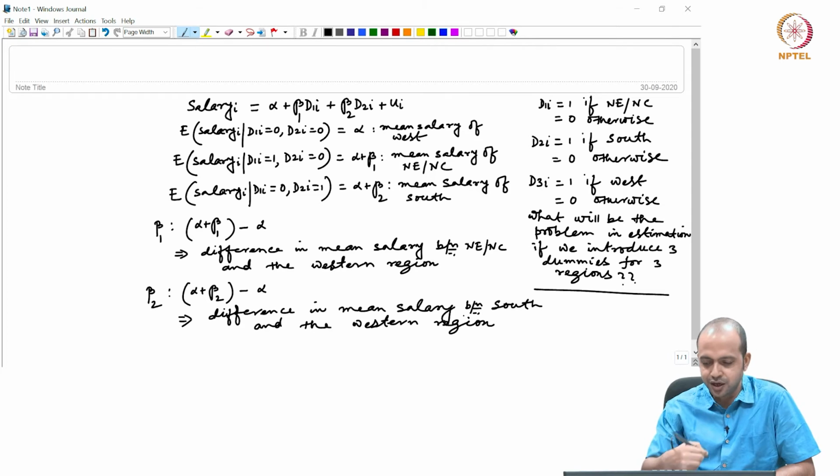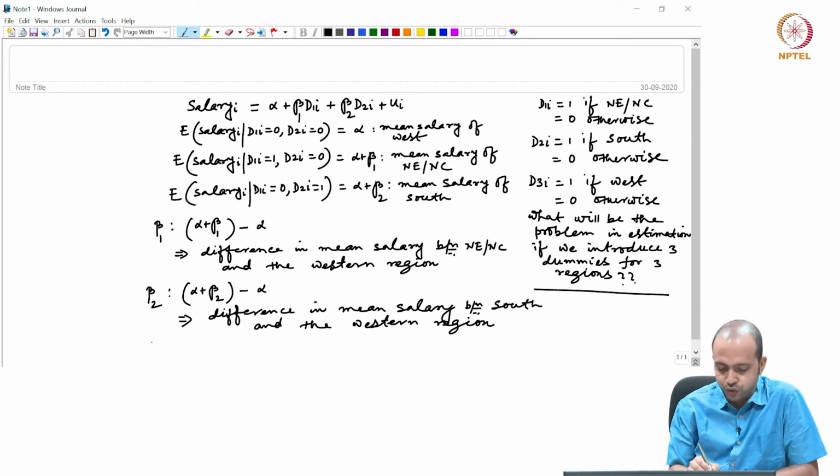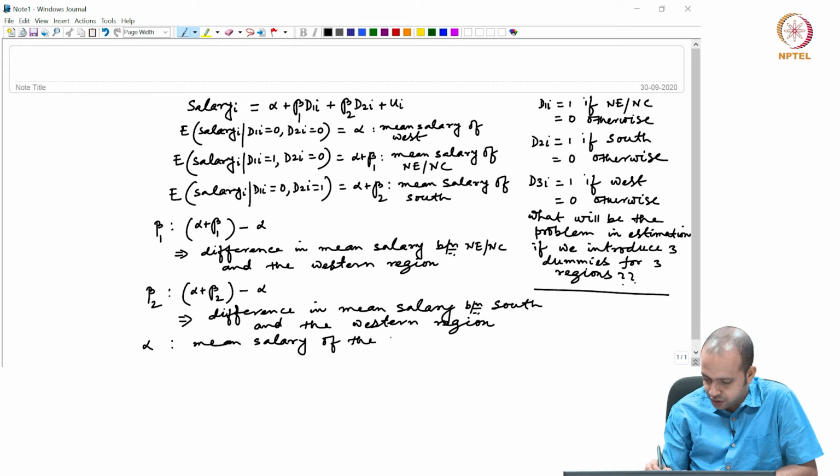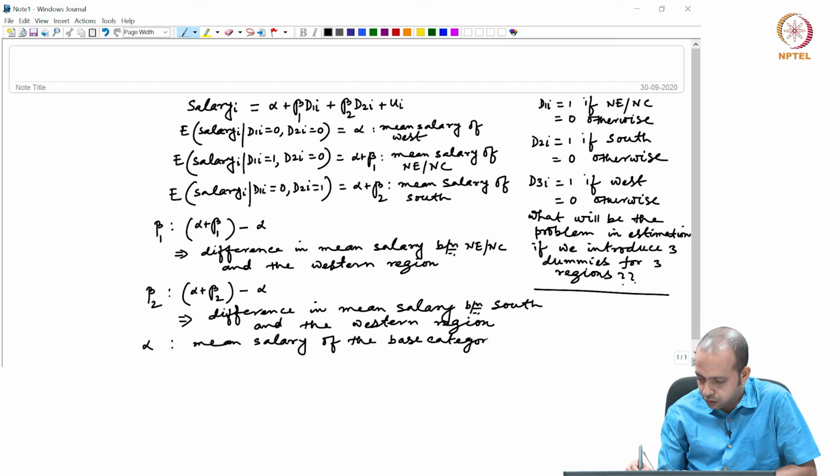Okay. This is how we will interpret the coefficient. I will write once again the interpretation of alpha. This is basically mean salary of the base category which is western region here.